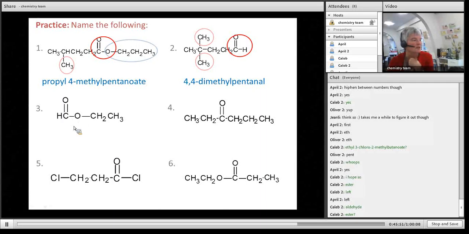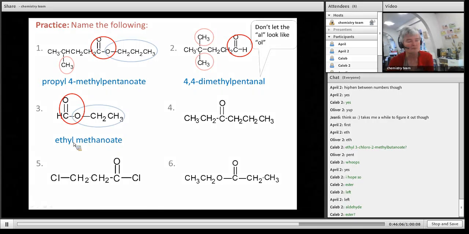So what we've got, oh, okay, sorry, I meant to say, be clear in your writing about the L and ol, so you get marked down. Okay, so that's an ester, that's the side chain, so it'll be ethyl methanoate. Okay, then that is what functional group?